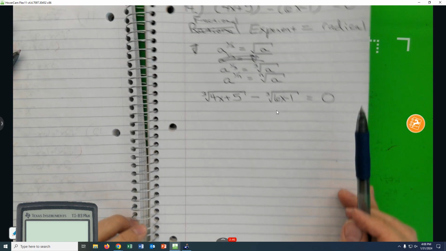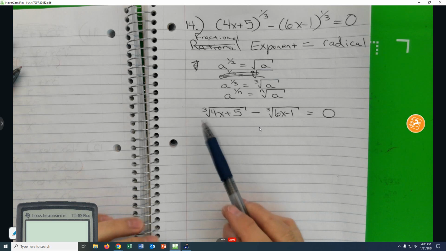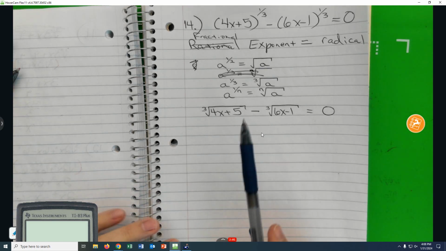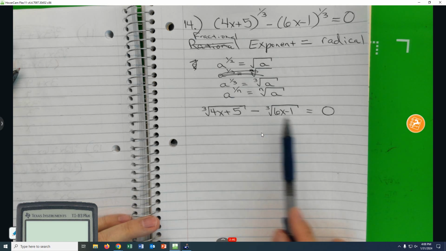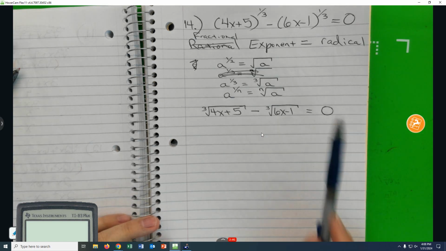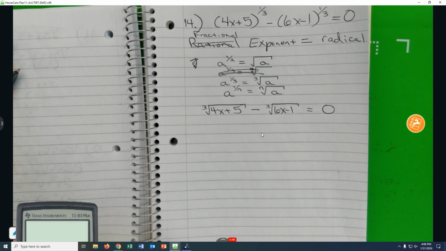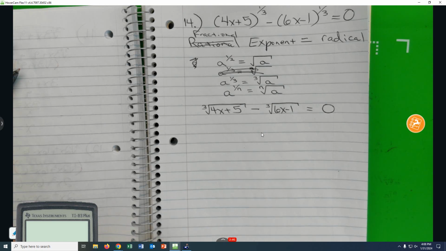Now, is it similar to number 12? Yes, it is. It's easier than number 12, actually, because we have this cube root minus a cube root equals 0. What power are we going to have to raise both sides to? 3, because it's a cube root. Can we start cubing both sides now?